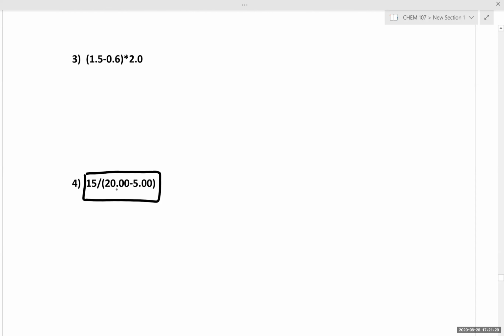We have 15 divided by 20.00 minus 5.00. We deal with the operation in parentheses first. So we're subtracting 20.00 minus 5.00. For subtraction, we care about decimal places. We have 2 decimal places for each of our numbers.